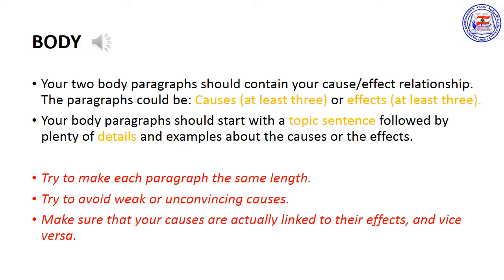Here are some things to which you may pay particular attention. To begin with, try to make each paragraph the same length. Then, try to avoid weak or unconvincing causes. Moreover, you need to make sure that your causes are actually linked to their effects and vice versa.